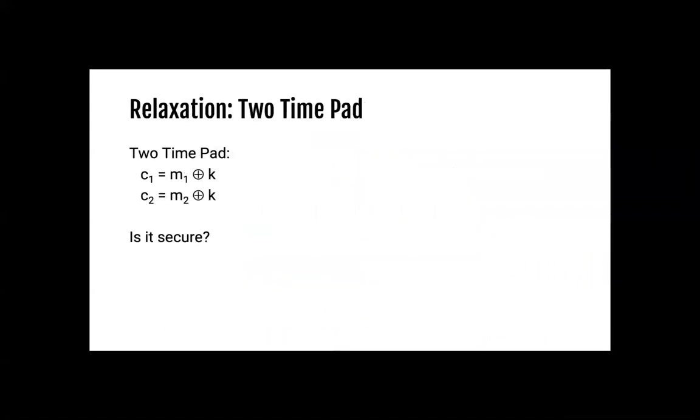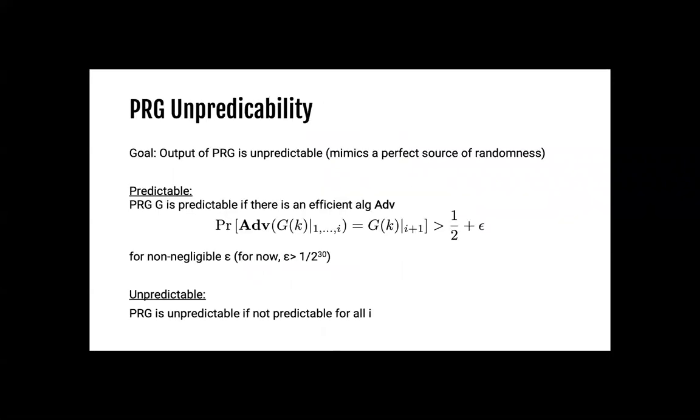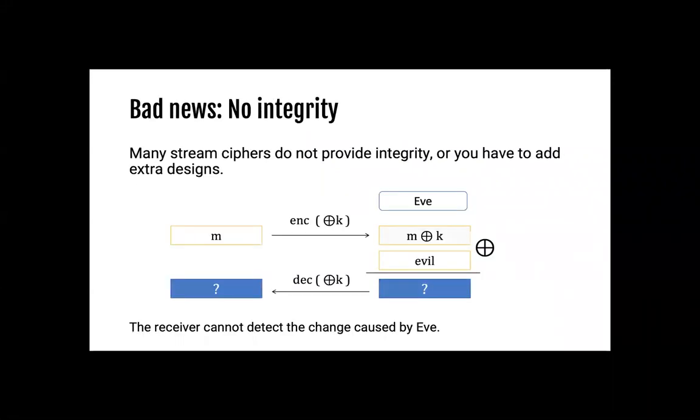But then the question is, what if someone really is changing it? What if there is an Eve in the middle and Eve tries to change this value? This is Eve. So what if Eve is changing this encrypted value to something else?